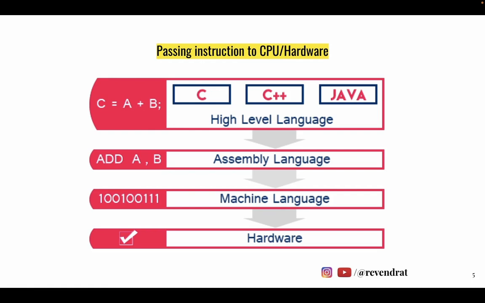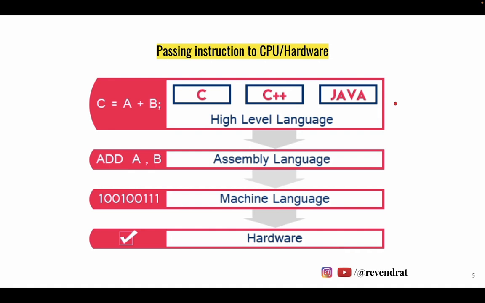For example, let's try to understand how an instruction is passed to CPU or a hardware. High level language, as mentioned earlier, allows humans to write the programs independent of particular type of a computer. For example, your hardware can be an Intel processor or AMD processor or NVIDIA.